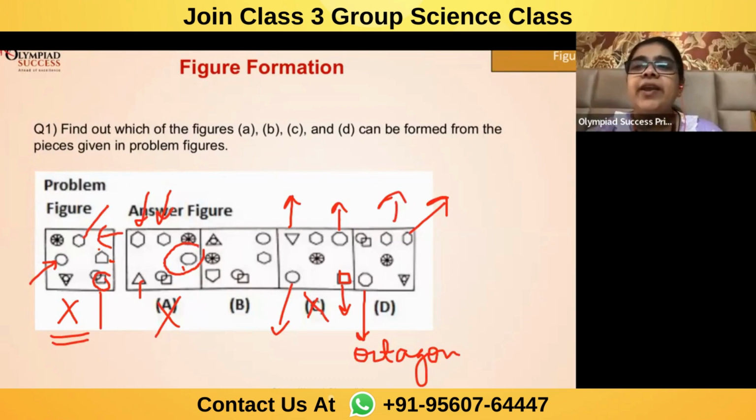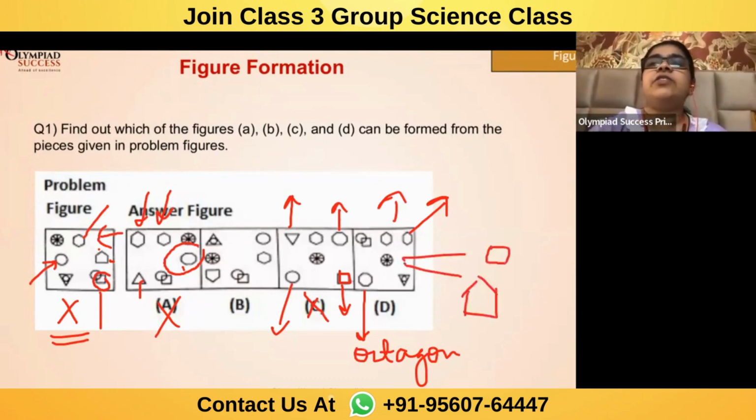Correct. We don't have a circle also. We don't have a pentagon also. So since these figures are missing, that's gone.